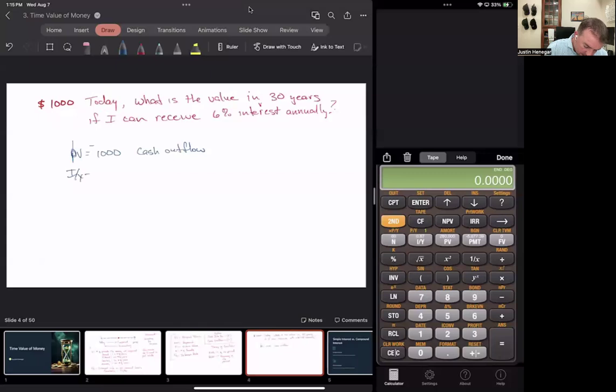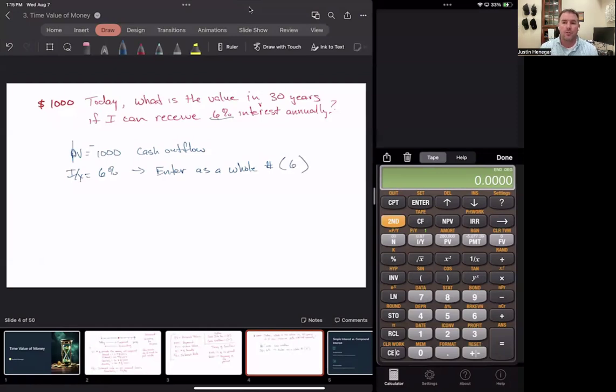Okay. Let's look at the next one. What is my interest rate? Well, I said 6%. So it's going to be 6. Now we're going to enter this as a whole number. So we're going to enter this as 6. The calculator will automatically turn that into a percentage.